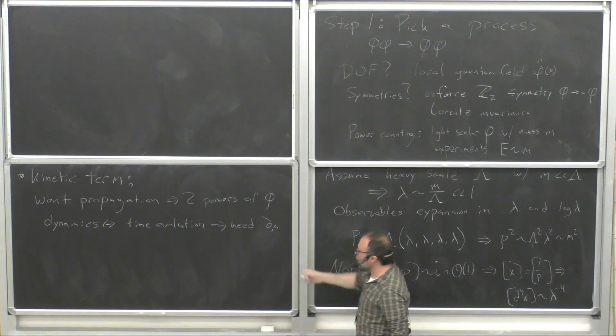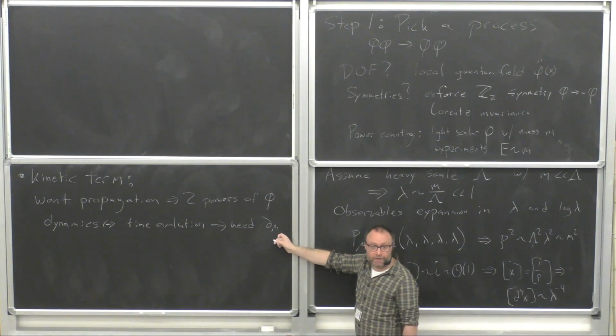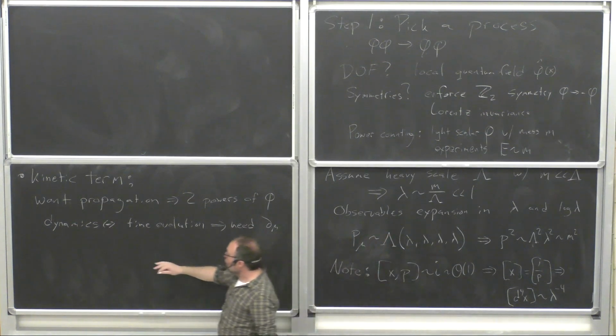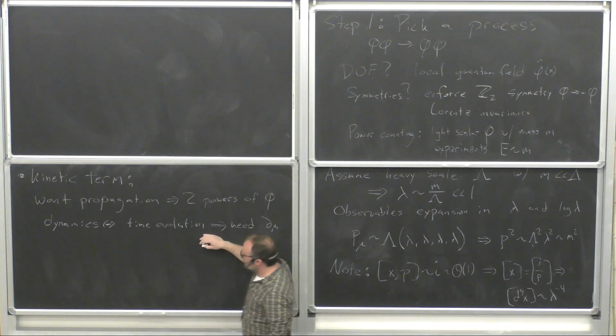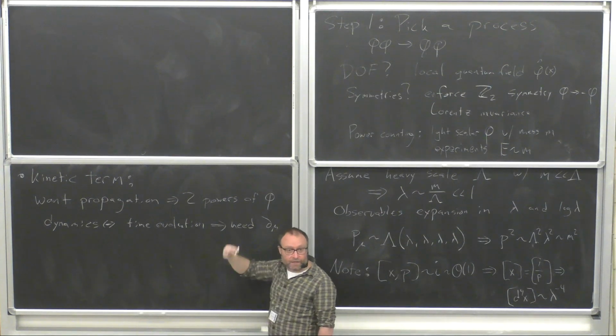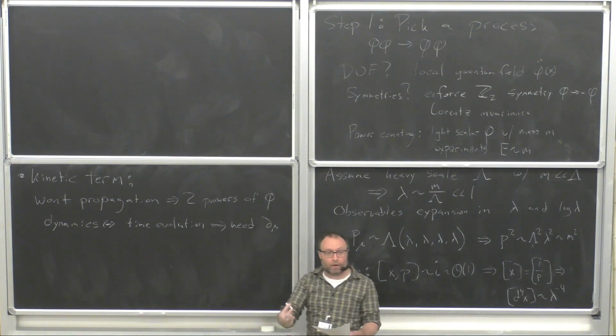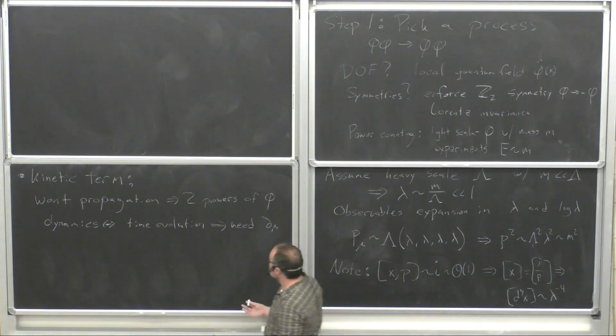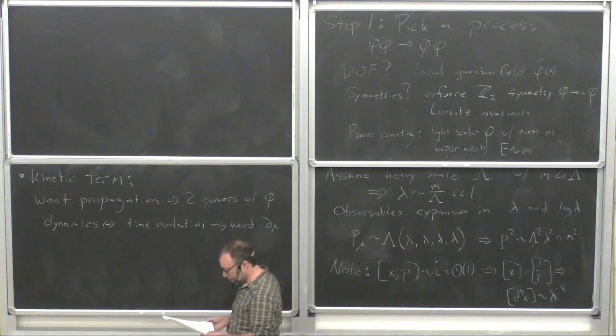Okay? And of course, we're going to want them to be Lorentz covariant because we're going to work in a Lorentz invariant setting. And so this is sort of, again, this is a fundamental assumption, right? We're trying to model the dynamics of some propagating scalar field. So we better have some operator with derivatives.